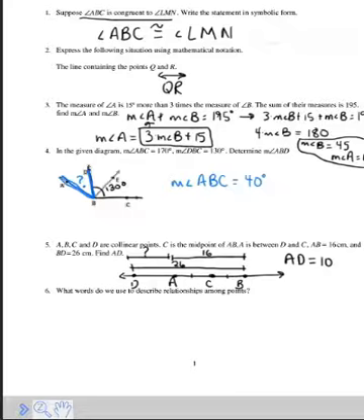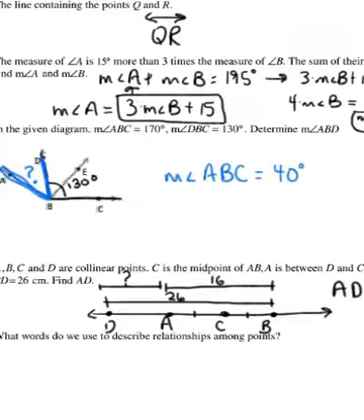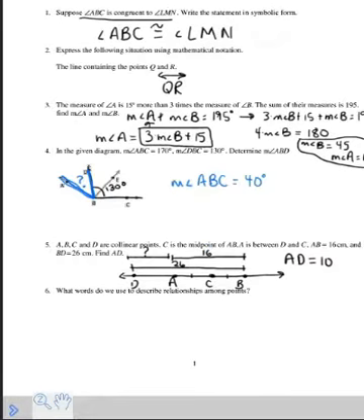Okay, number 6, what words do we use to describe relationships amongst points? Well, we just used one of them up in question 5. Points can be collinear.